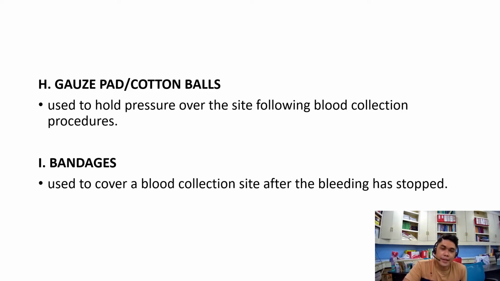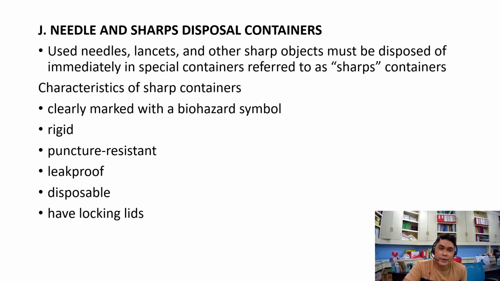Okay, the next is bandages, used to cover a blood collection site after the bleeding has stopped. The next, you have needle and sharps container. Used needles, lancets, and other sharp objects must be disposed of immediately in special containers referred to as sharps containers.